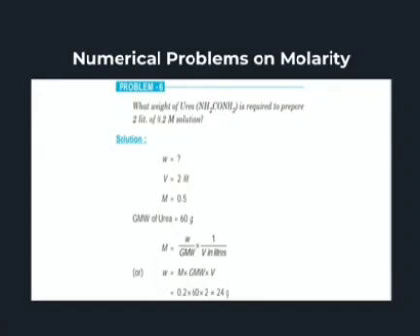Here weight W is equal to M into GMW into V. Substitute the given data in this equation, then weight is equal to 0.2 into 60 into 2, that is equal to 24 grams. Here by dissolving 24 grams of urea in 2 liters of solution, we can prepare 0.2 molar solution.